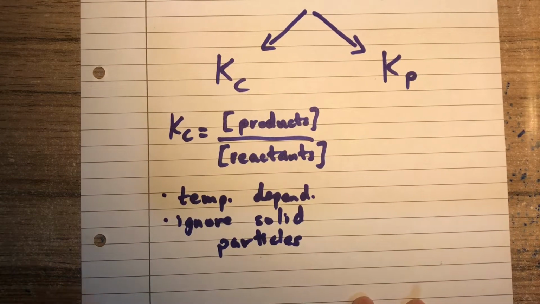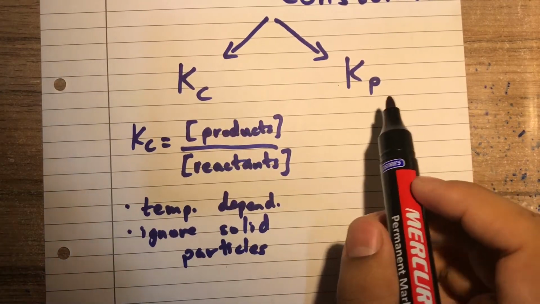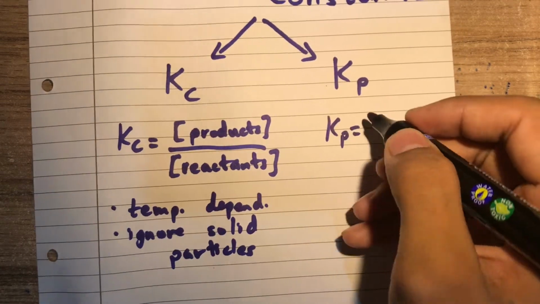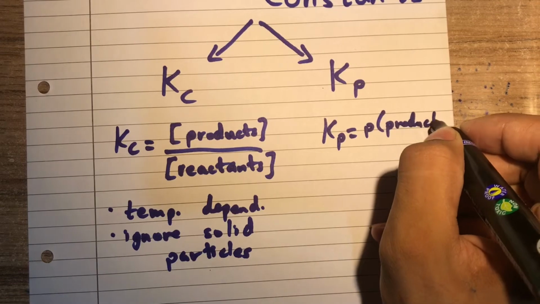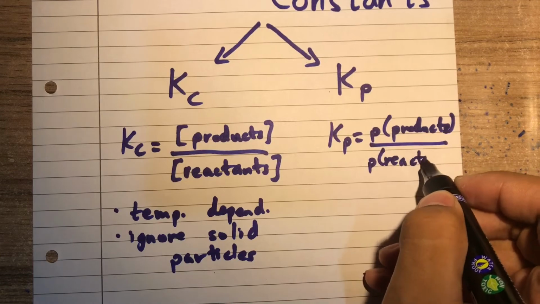That was for Kc. Now for Kp, Kp is the equilibrium constant for partial pressure. So how do we calculate Kp? Kp's formula is partial pressure of products upon partial pressure of reactants.